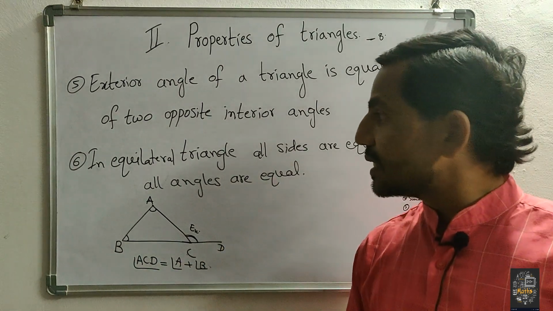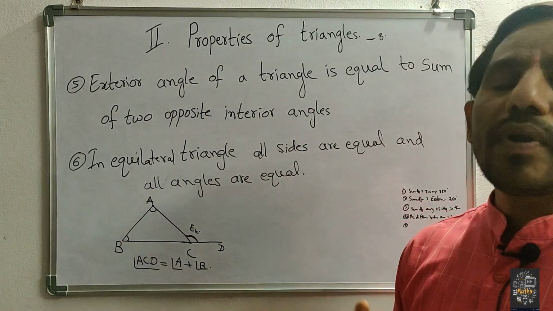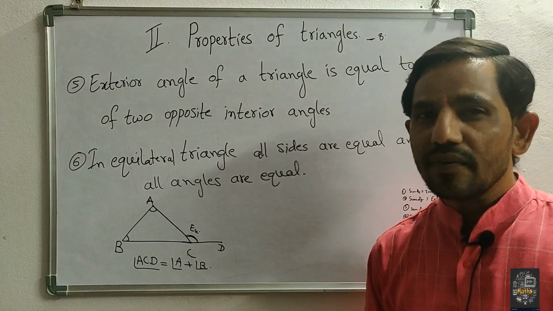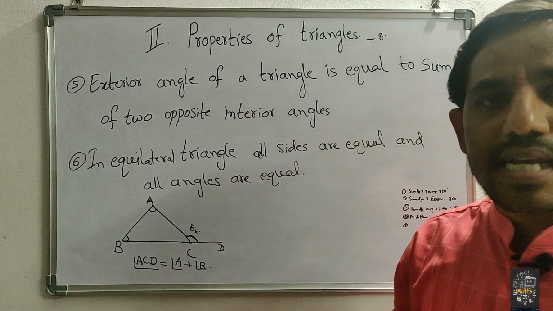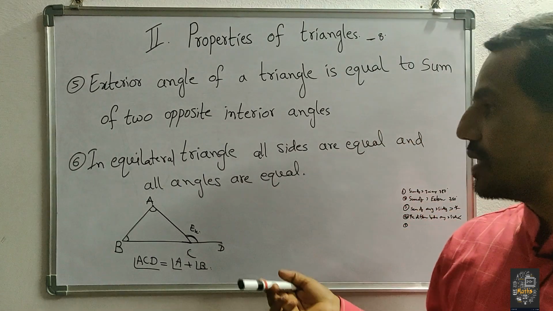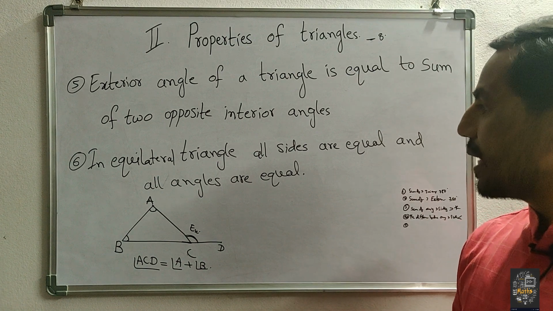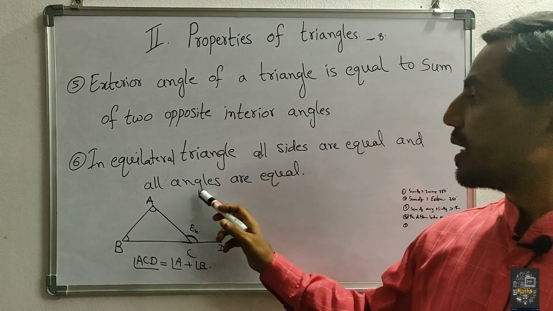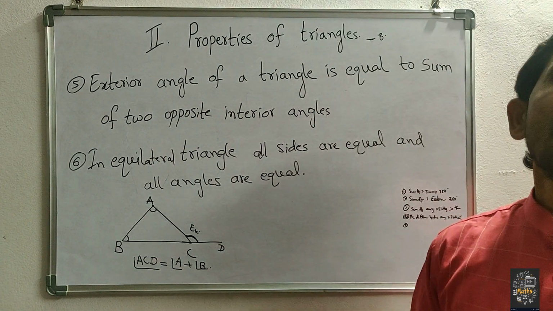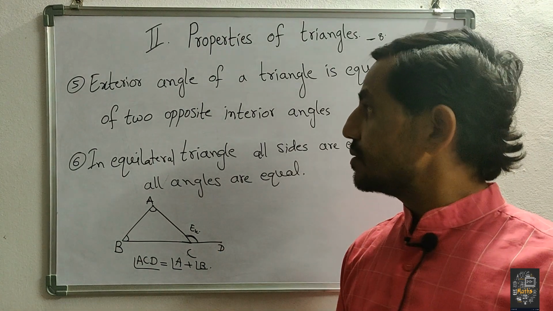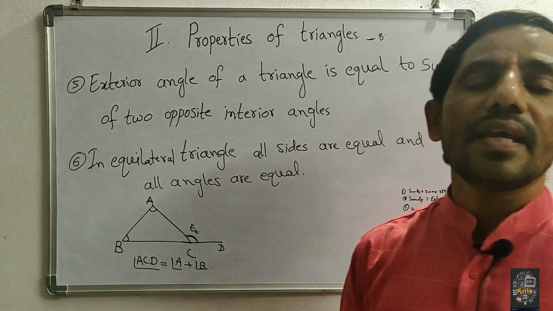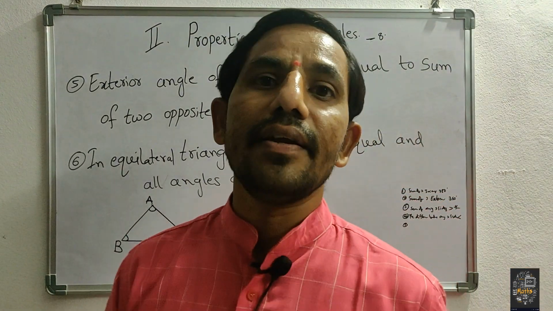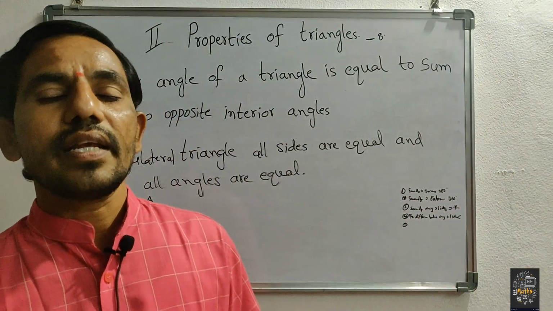Next condition, that is the sixth one: in an equilateral triangle, all sides are equal and all angles are equal. Equilateral means, as we already know, all sides are equal and angles are equal.